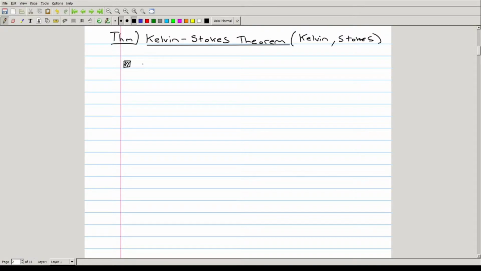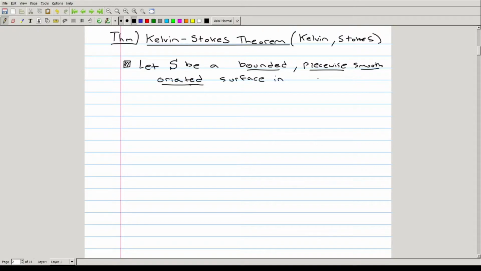we will let S be a bounded, piecewise smooth, oriented surface in 3-dimensional space, in R3.